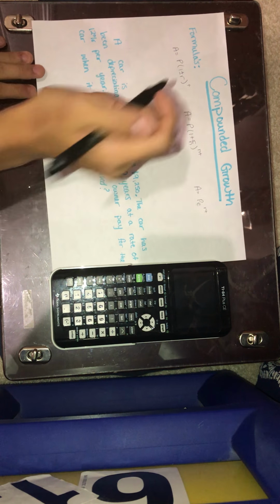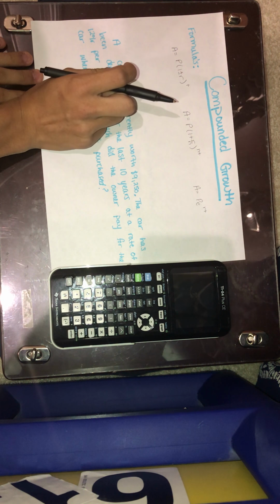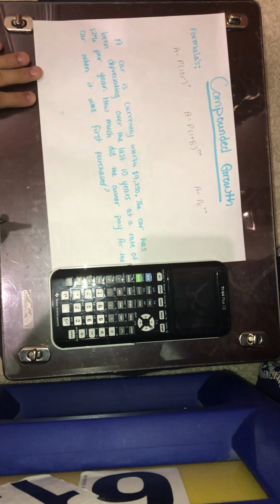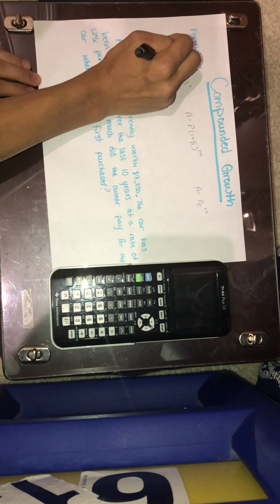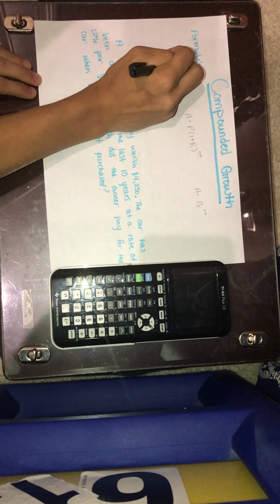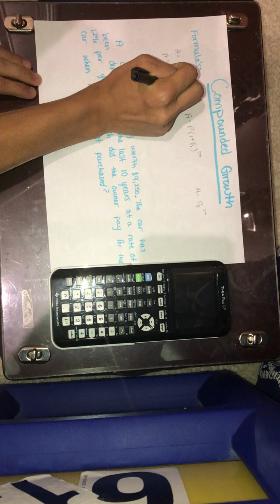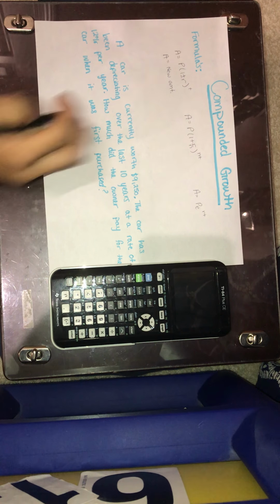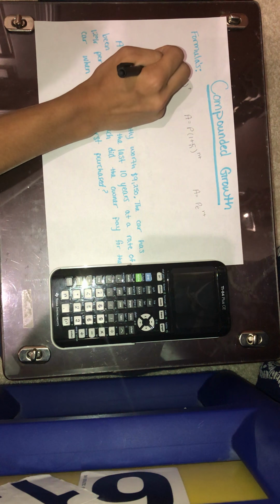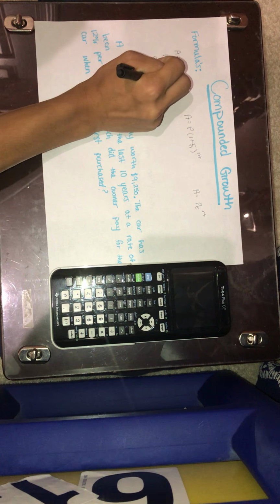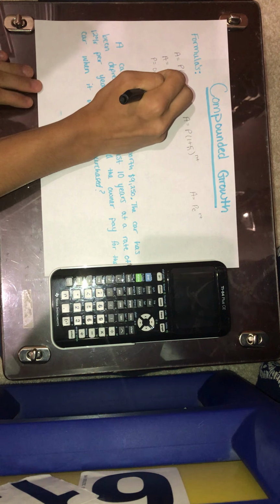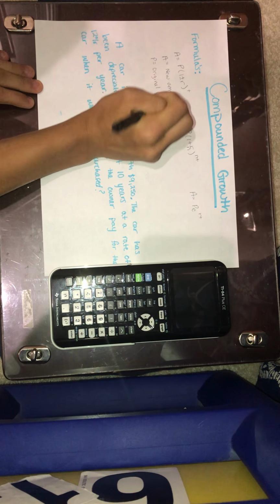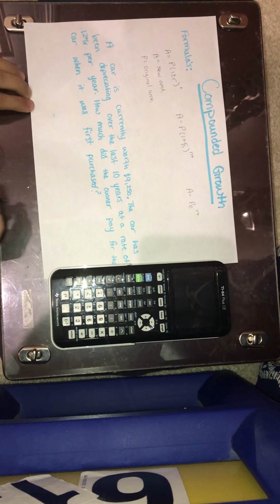So I'll just go over what means what in each formula. In the first, the A is the new amount. The P is the original amount. The R is the rate.